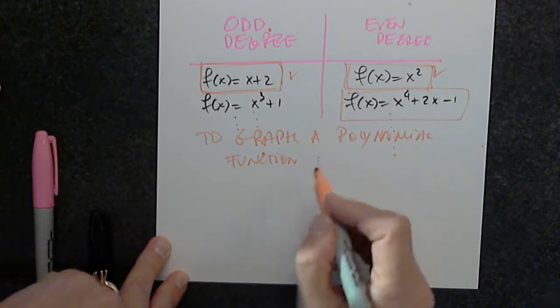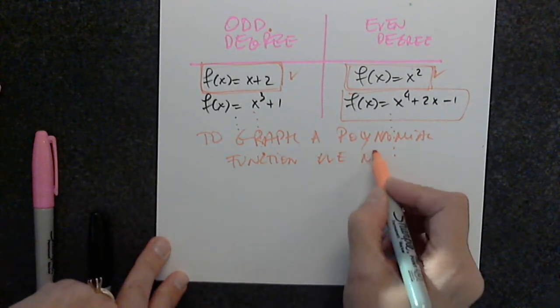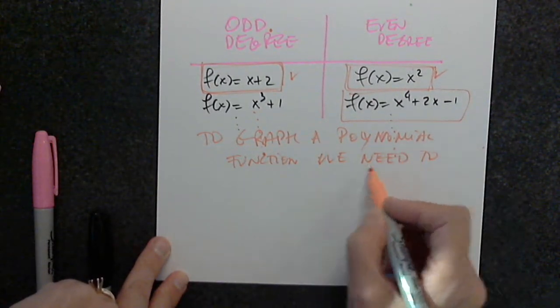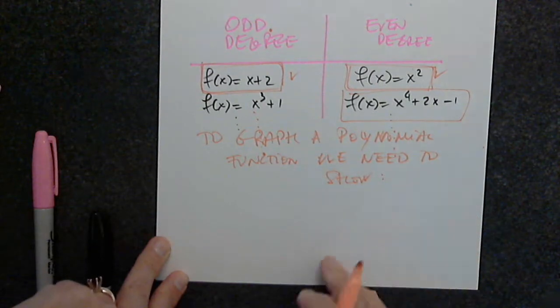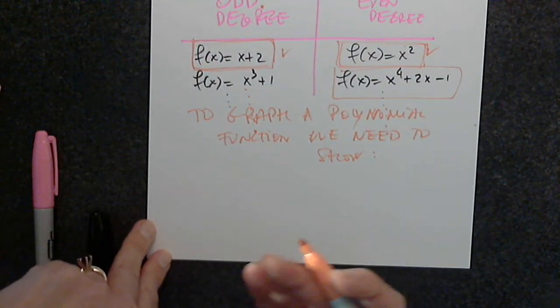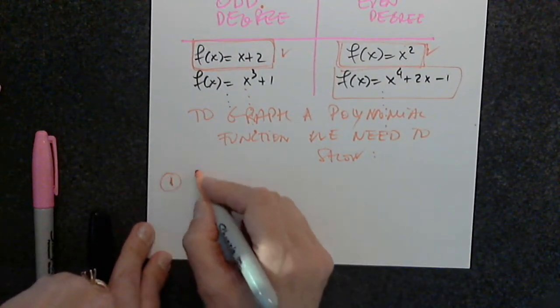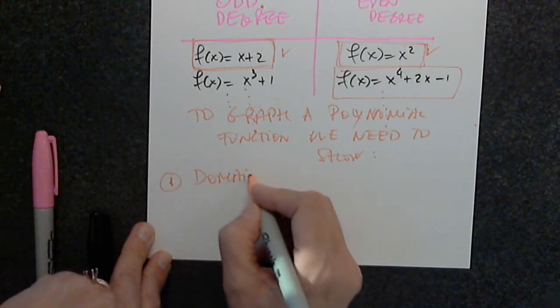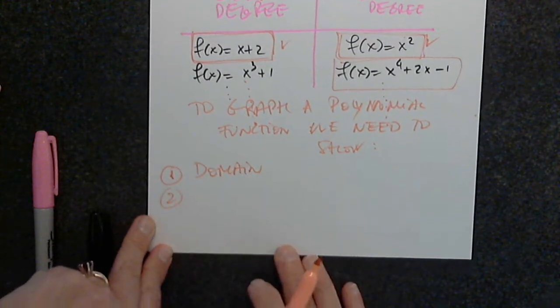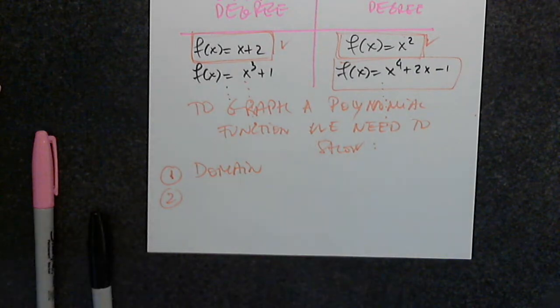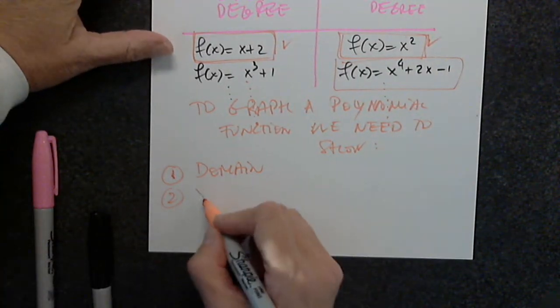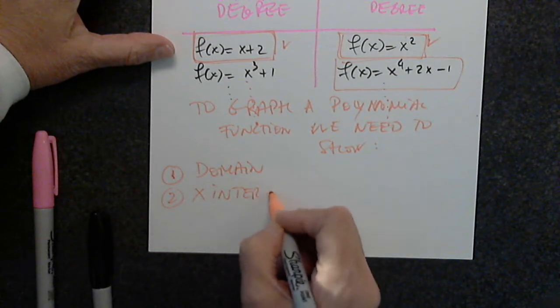We need to show, not in the particular order I'm going to list them in. Number 1, domain. 2, this is not the exact order. We may sometimes have to change it or not. It doesn't matter, really. X-intercepts.